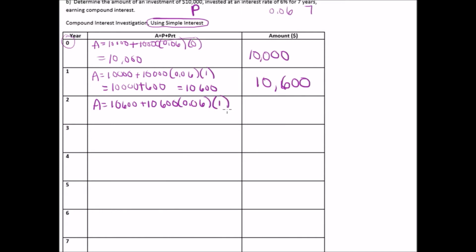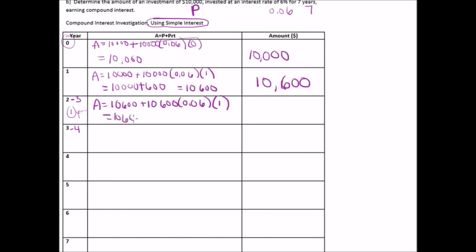Okay, so we're starting at 10,600, and then we're going to add the interest made on the 10,600 just for that 1 year, because the interest for this 10,600 is only going to be made between year 2 and year 3, and then at year 3, it's going to make a different amount of interest because it's going to be a different amount.